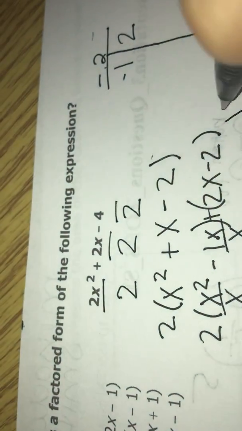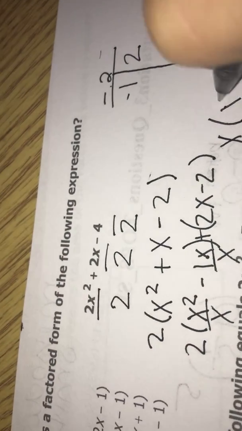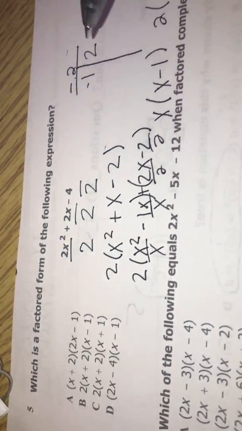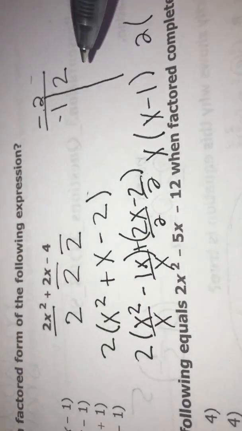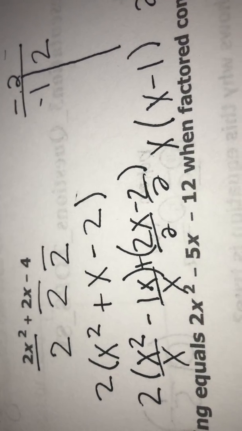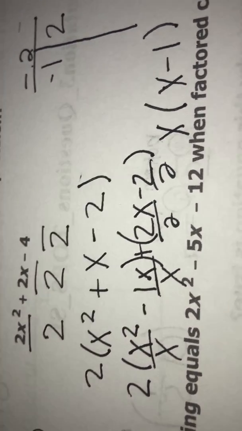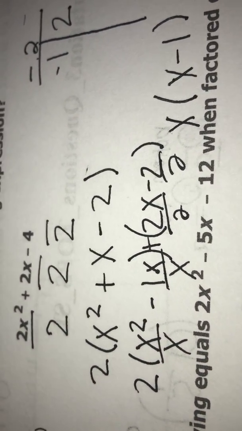So divide by x, put x on the outside, and you get x minus 1. And the second one, they're both divisible by 2, and so you'll put 2 on the outside. 2x divided by 2 is just x. And then negative 2 divided by 2 is just negative 1.